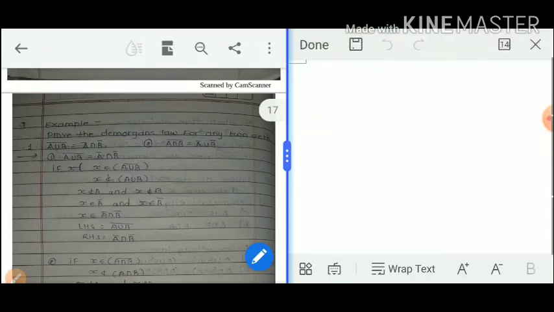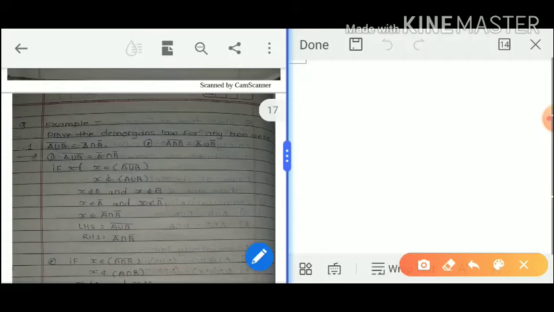First example, prove De Morgan's law for any two sets. We need to remember and keep all these laws in mind, because in the exam, the statement A union B complement equals A complement intersection B complement is not given. The exam asks only to prove De Morgan's law.